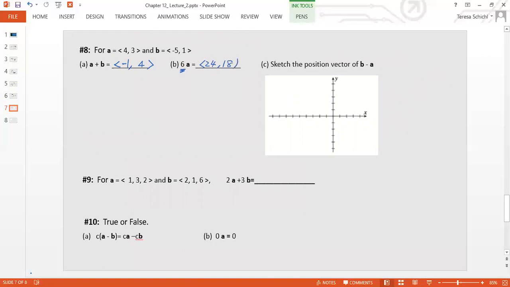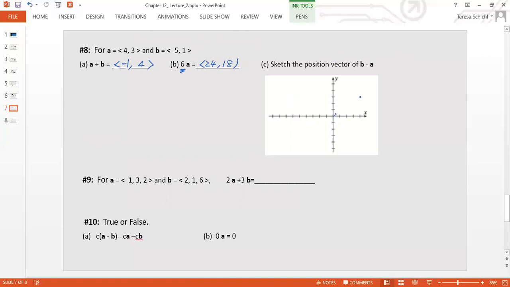Okay, so now they want to sketch the position vector of b minus a. So this is interesting. So let's take a look. A is 4, 3. So 1, 2, 3, 4, 1, 2, 3 here. Right, so this is A, right? 4, 3.